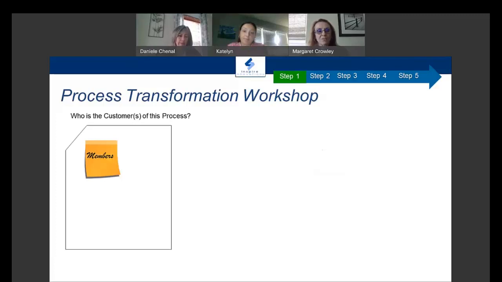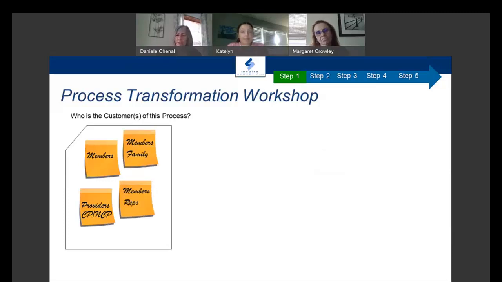How about providers? Yep. I just put CP for contract and NCP for non-contract providers. Then we would continue on. We would add family members, representatives of families, physicians, doctors, provider groups, right? These are all the people that are customers of our appeals and grievance process.